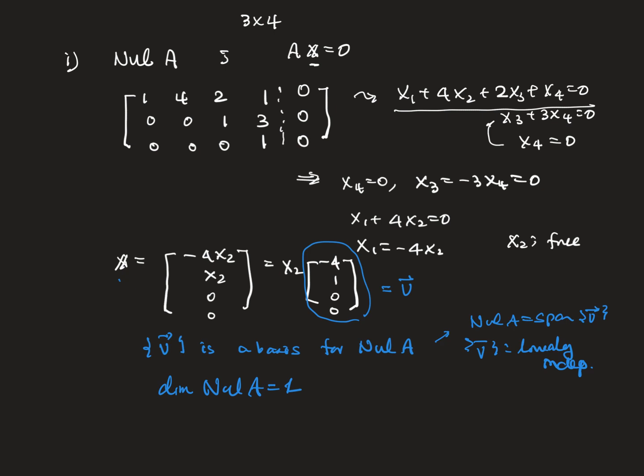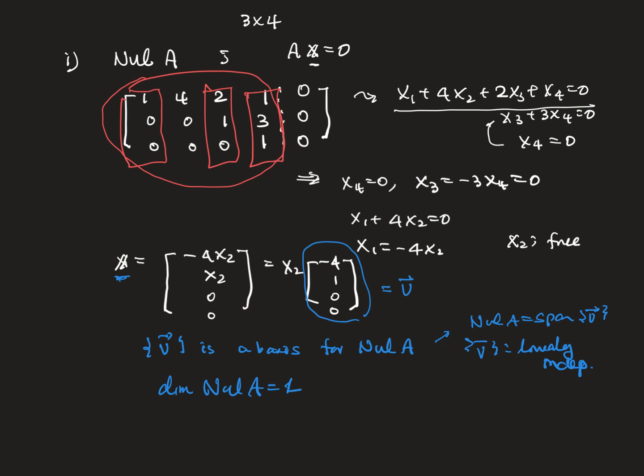Okay, let's go. Another way: I just used the back substitution method to find the vector x, because it's a scalar multiplication of v. Another way you're going to see is to look at this matrix right there, guys. Here is a pivot column, here is another pivot column, another pivot column.